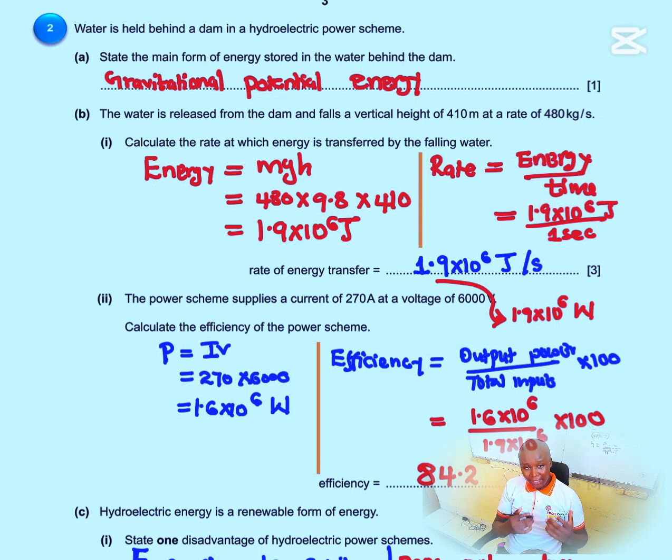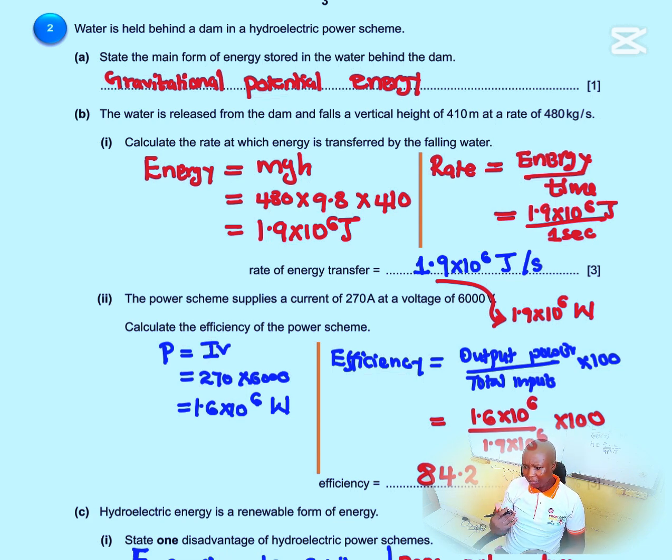So the energy being used there is gravitational potential energy, which is converted to kinetic energy, and it rotates the turbines, and then the turbines rotate the shaft of the generator in order to produce electricity through electromagnetic induction.